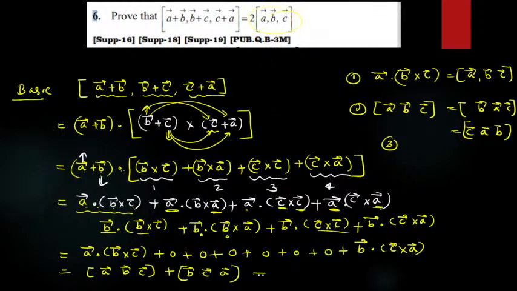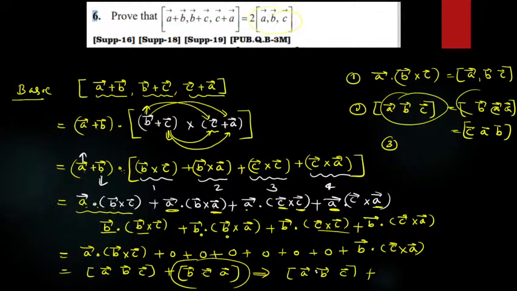So again you can write this as [A, B, C] plus, and I told you [B, C, A] here, [B, A, C] or [B, C, A] can be written as what? [A, B, C]. Clear? So again you write that as what?